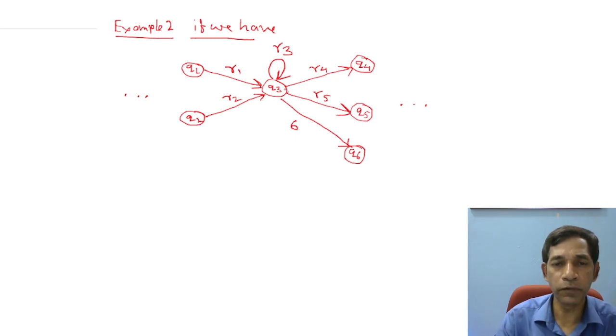From Q1 you are going to Q3 for the regular expression R1, and at Q3 you have a loop for the regular expression R3. From Q3 you can go to Q4 for R4. From Q3 you are going to state Q5 for the regular expression R5. From Q3 you are going to state Q6 for the regular expression R6. What is the target? The target is to bypass and eliminate the state Q3.